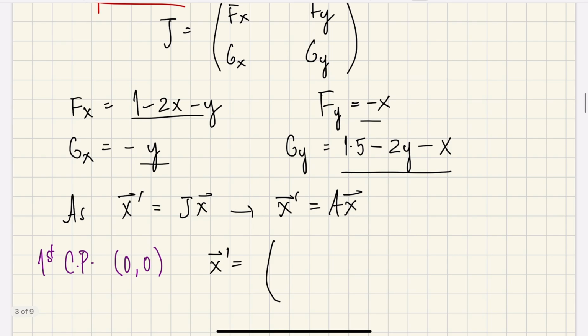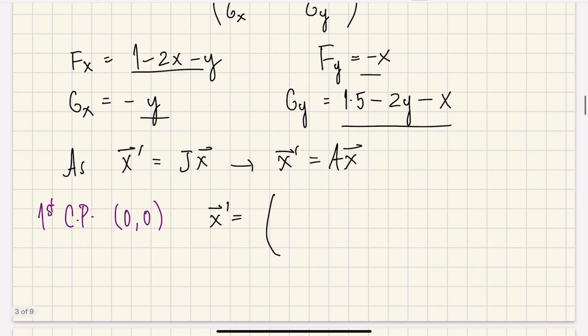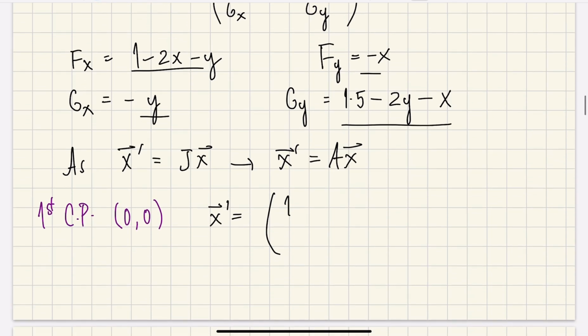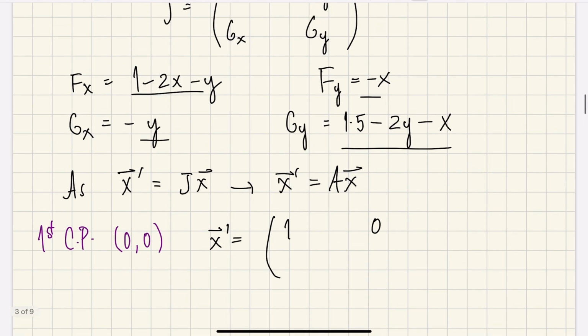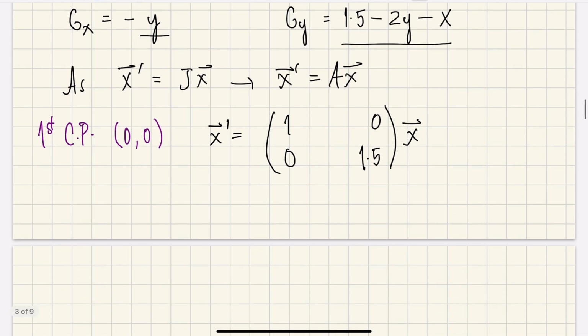So plugging in 0, 0, for f of x, I will get 1. For f of y, I will get 0. For g of x, I will get 0. And for g of y, I will get 1.5. Now we can solve for the eigenvalues using our characteristic equation.